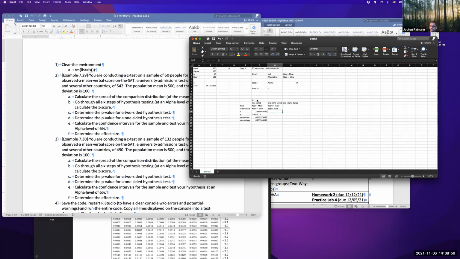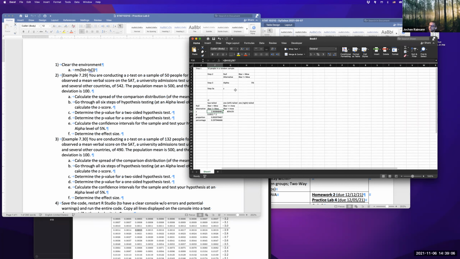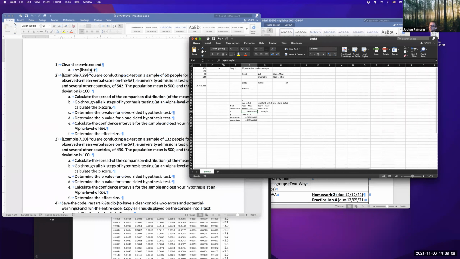So our Z is still the same, right? So we need to lock in the values again if we move it.